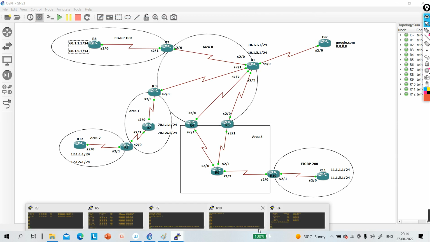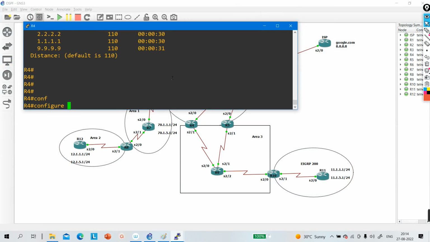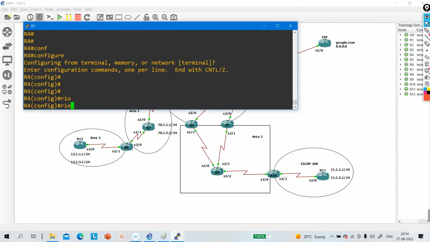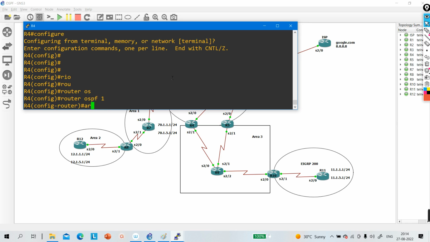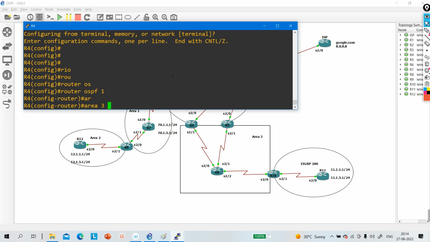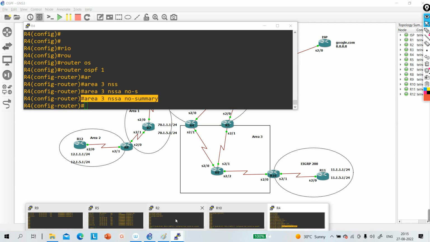The command will be the same like the totally stub area. Go to router number 4 and say router OSPF process ID 1, area 3 NSSA no-summary. Fine. In the same way, let me copy this command and paste the same command on router 5 also.